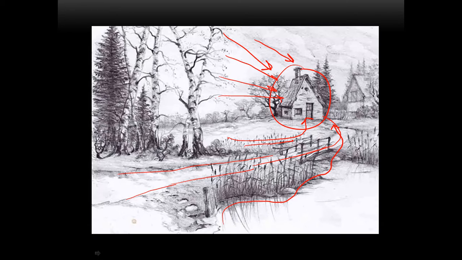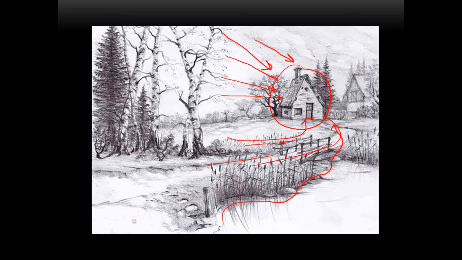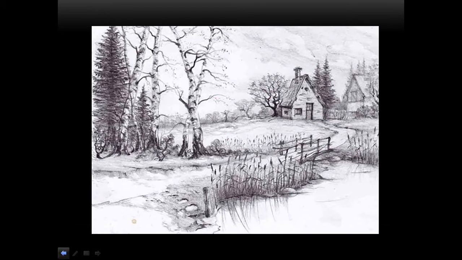Now, why is it important to actually have these leading lines? If you just let the viewer be, isn't that enough? Can't they figure out what the focal point is? No. They can see, but this drawing is effective because the person chose to draw it in a certain way.